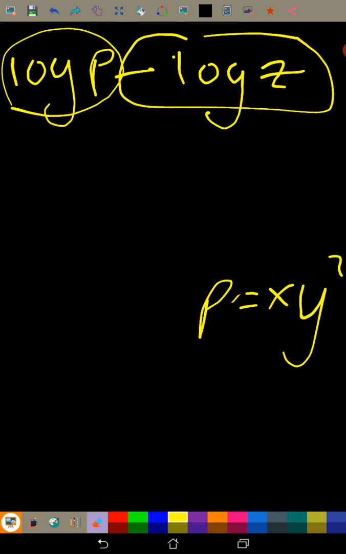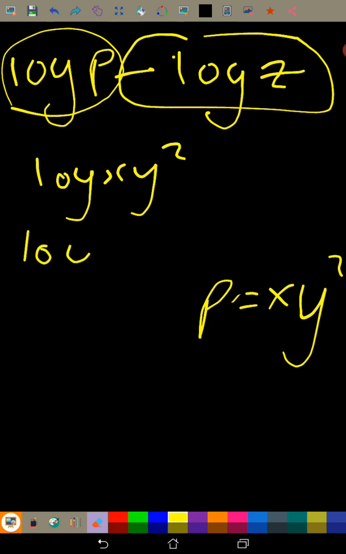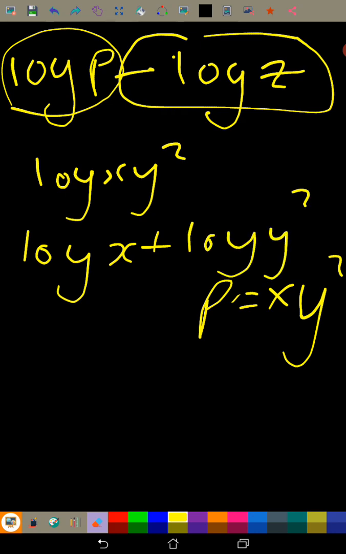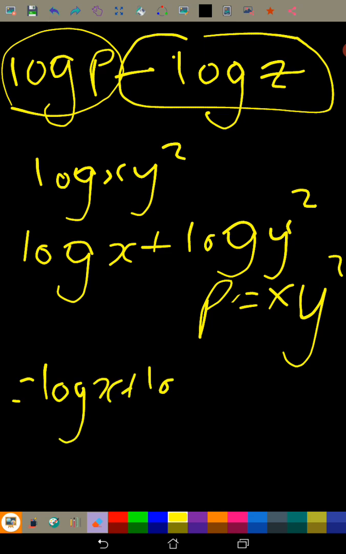Let's do this part now. We have log xy 2. So we know how to do this. We just say plus log y to the power of 2. So in the end we will have something like log x plus log y to the power of 2 minus log z.